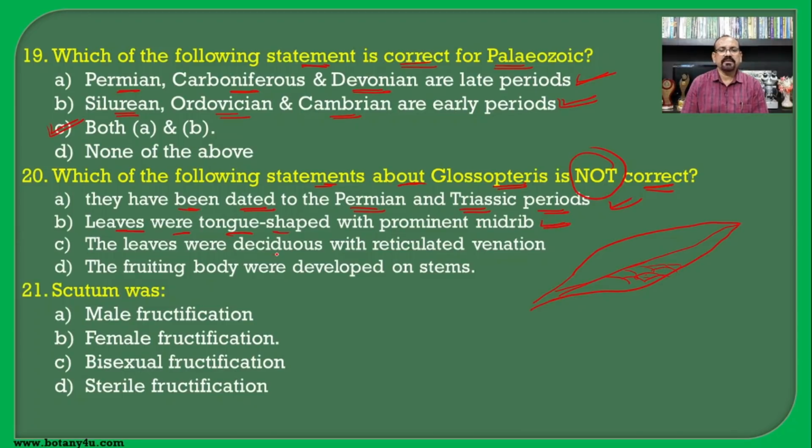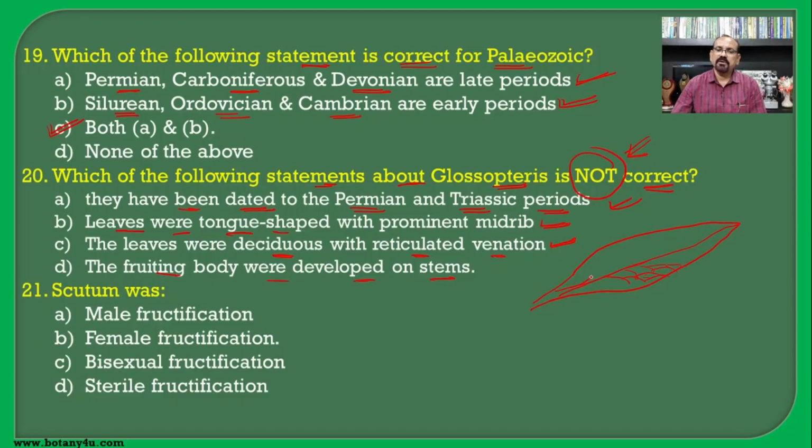Then, leaves were deciduous with reticulate venation. All these statements are correct with respect to Glossopteris, but the question asks which is not correct. The fruiting bodies developed on the stem.